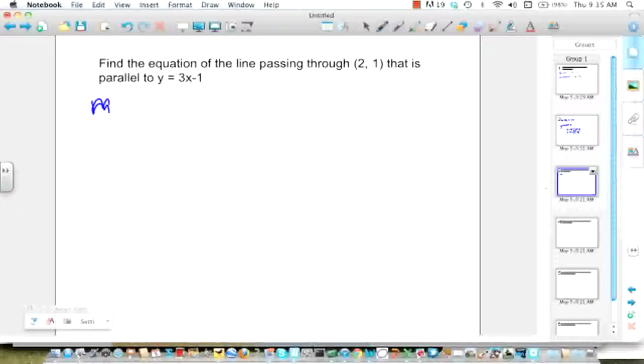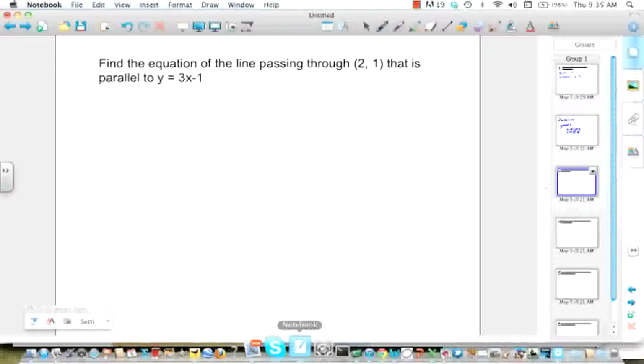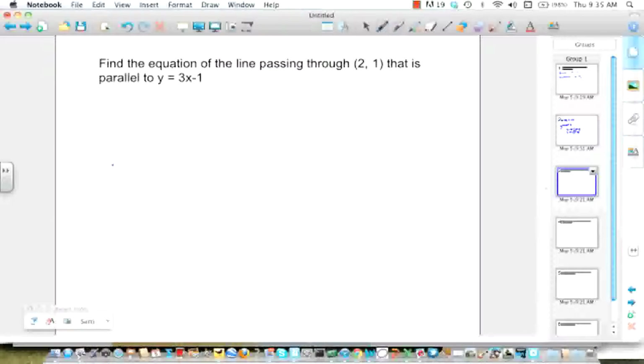We know that the gradient is 3, because the gradient of the line y equals 3x minus 1 is 3.